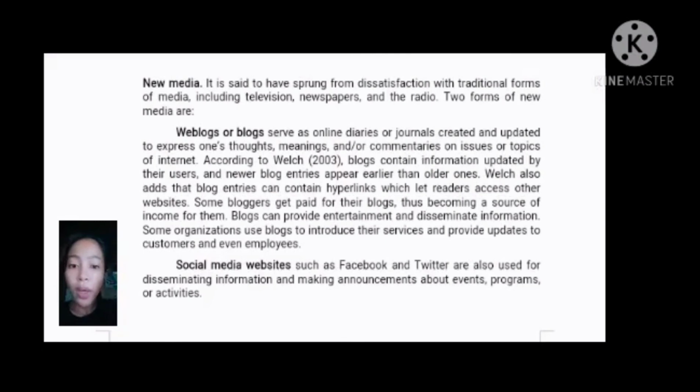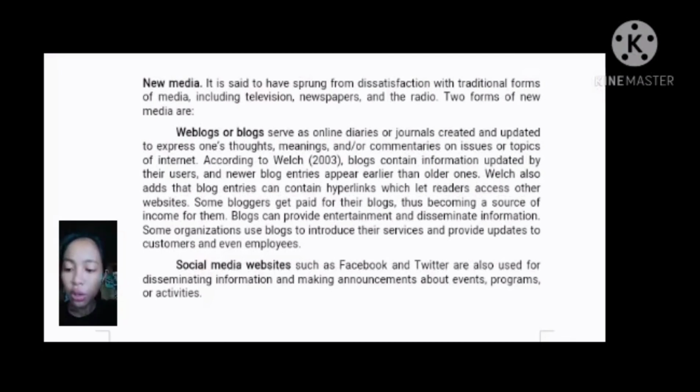The first is web blogs or blogs. They serve as online diaries or journals created and updated to express one's thoughts, meanings, and commentaries on issues or topics on the internet. So blogs are online diaries or journals.